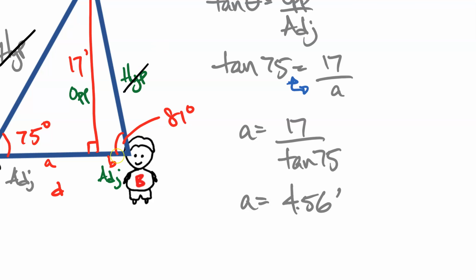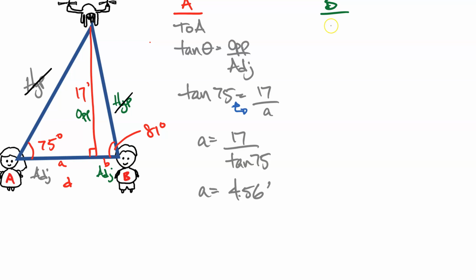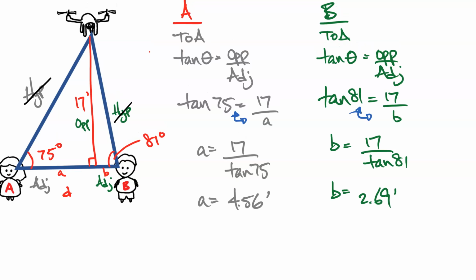So TOA again: tan theta is equal to opposite over adjacent. I'm going to fast forward. All right, well, there I am. The distance of lowercase letter b is 2.69 feet, and a is 4.56 feet.